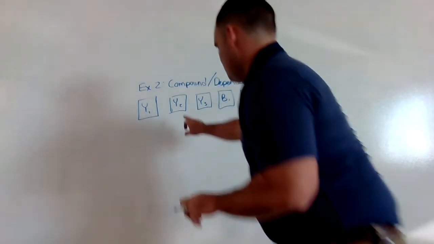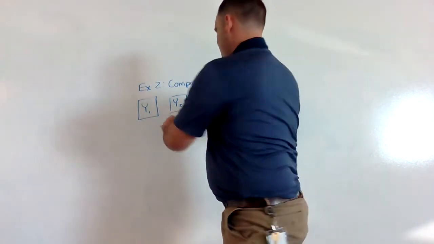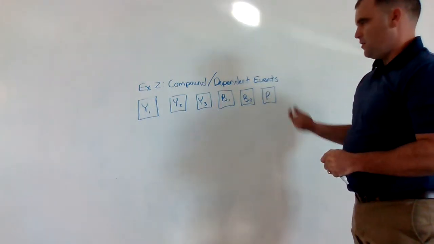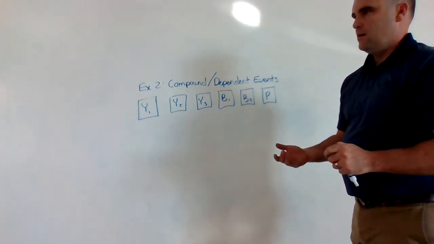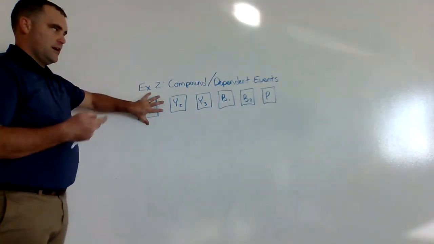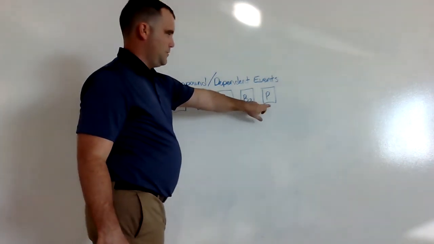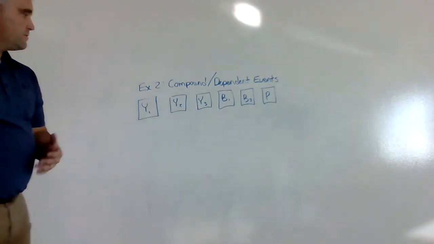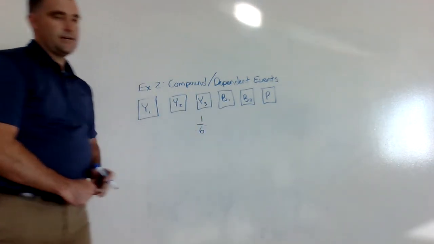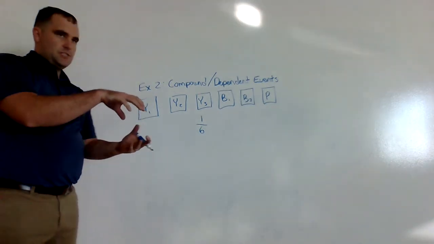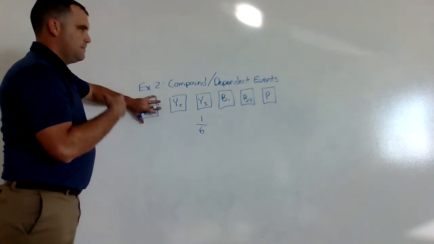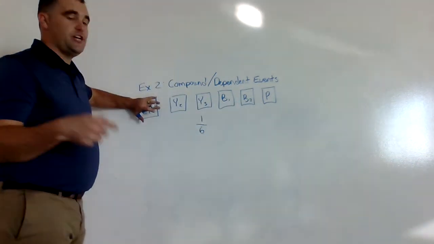Now the chances of you pulling any one of those cards on the first draw is 1 in 6. But let's say that on your first draw, you drew yellow 1. Now the probability of you drawing the purple card changes. Originally, the probability of you choosing the purple card was 1 in 6, but after you draw that first card from my hand, yellow 1, the probability of drawing the purple card changes.